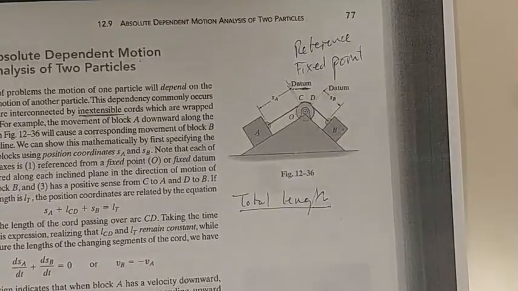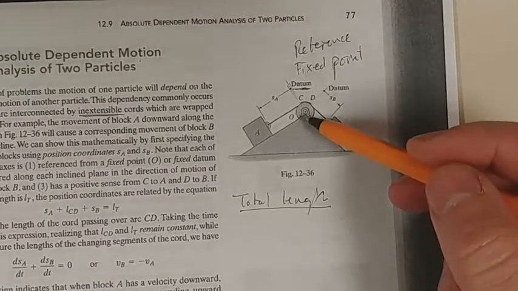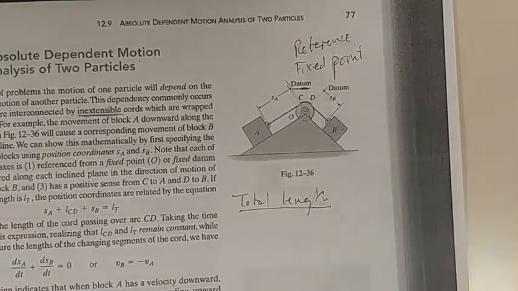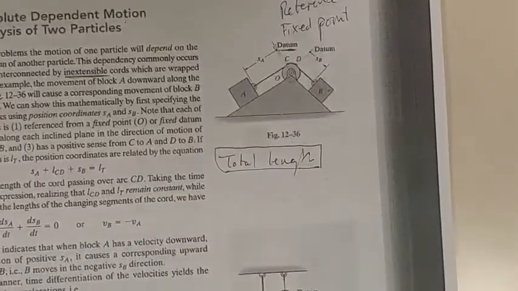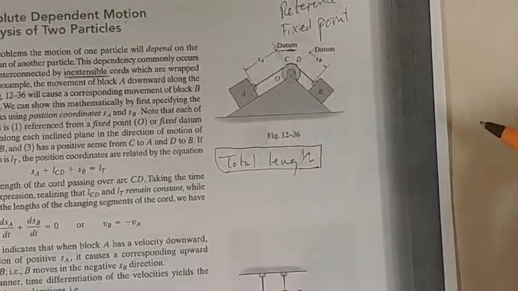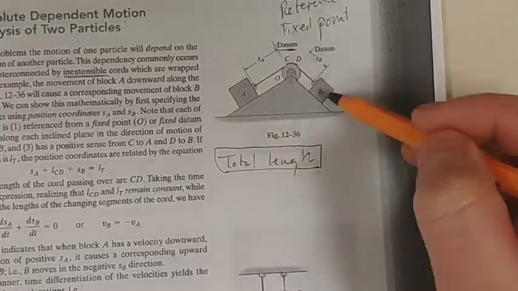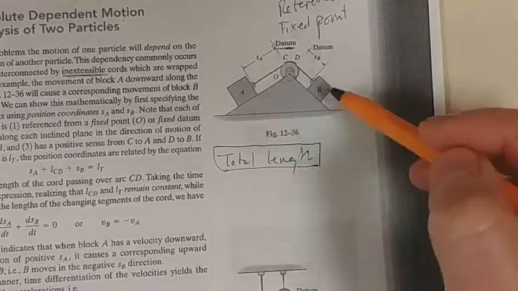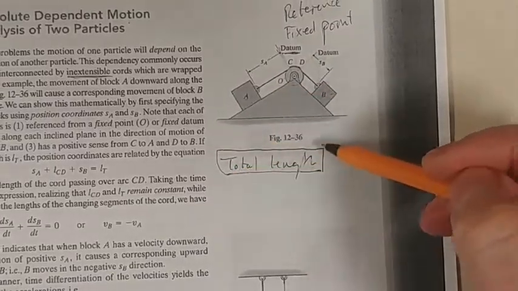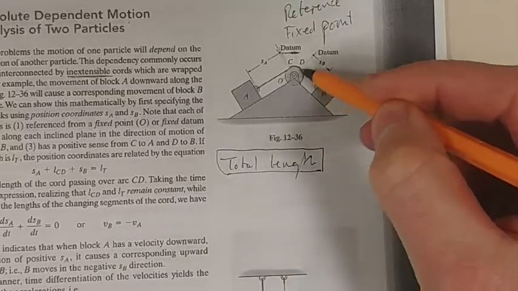How do we do it? Well, essentially, our first goal, not the first step, but the first goal, is to determine the total length of this chord. Try to get that in your mind. If I'm trying to relate the motion of the two particles, the first thing I'm trying to determine is the total length here.